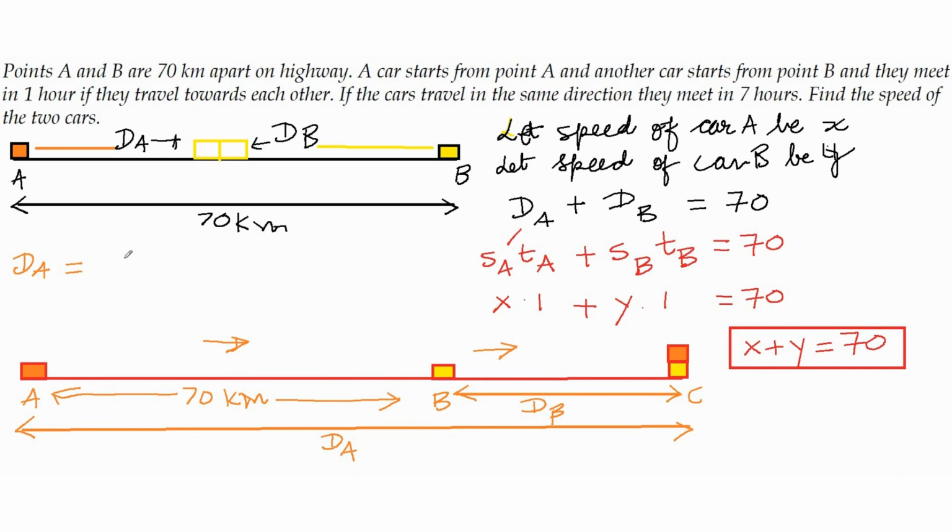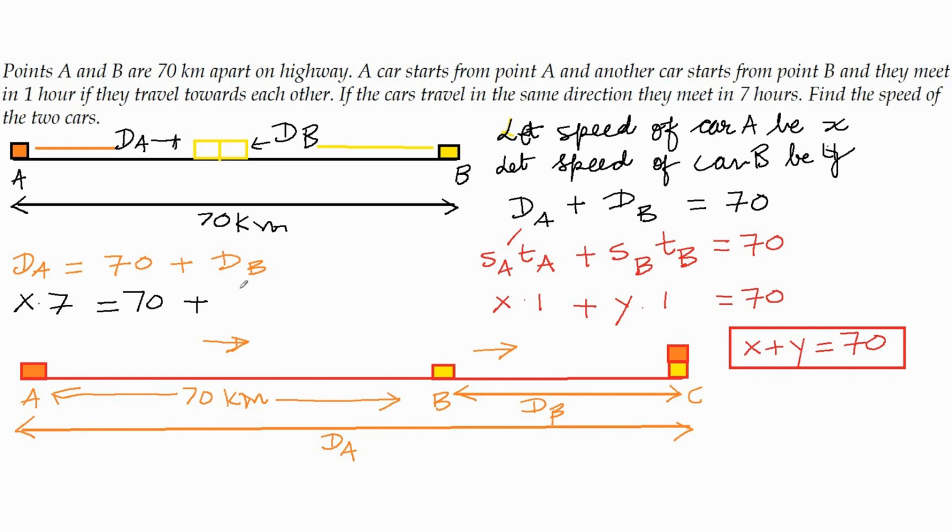So distance covered by car A is going to be 70 plus distance covered by car B, right? Now distance covered by car A is nothing but speed of car A. Speed of car A is x, and the time taken to cover this distance is given as 7 hours, right? So it is x into 7 is equal to 70 plus the distance covered by car B.